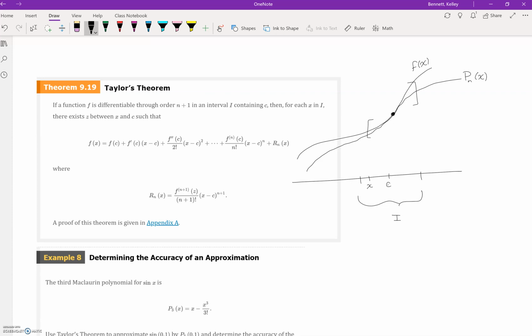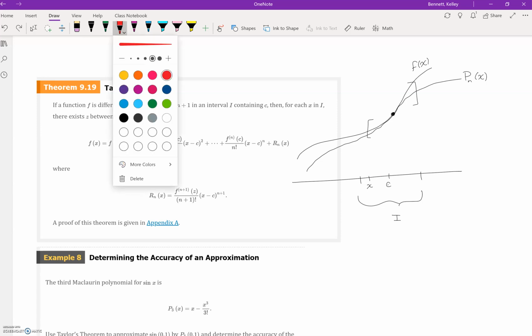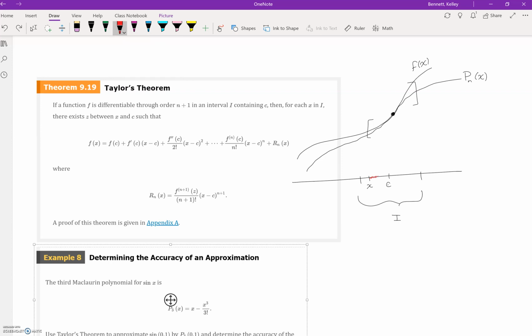What Taylor's theorem says is that z has to be between x and c. So z lives here, but we don't know where exactly.